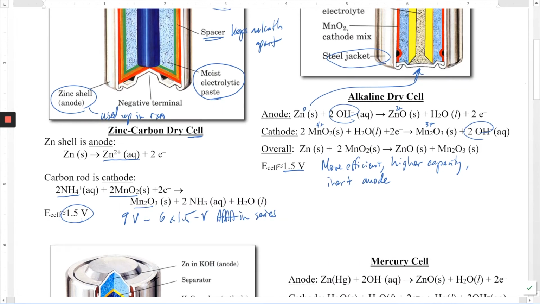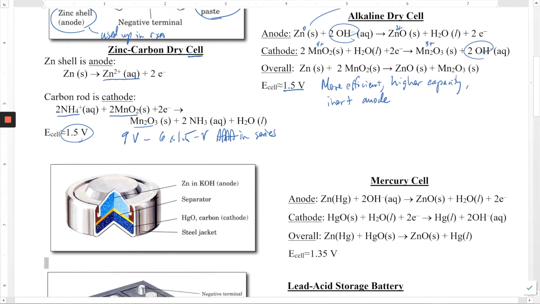Another improved cell is this mercury cell. In this mercury cell, again, the anode is going to be zinc being oxidized, but it's a zinc mercury amalgam, so it's an alloy, and the zinc is going to be oxidized to the zinc oxide, so zinc 2+. And at the cathode, instead of having the alkaline manganese, we now have mercury 2+ being reduced to mercury metal.